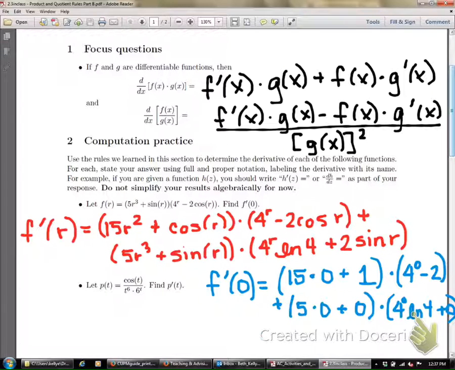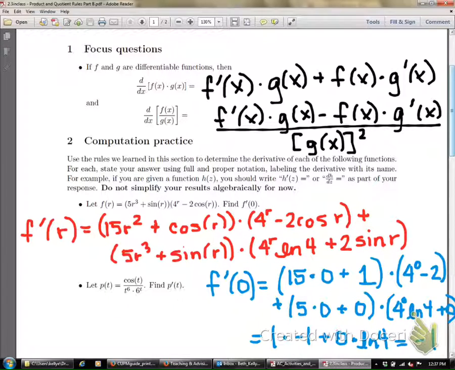After we work all of that out, we get 0 plus 1 is 1 times 2, 1 minus 2 is negative 1, plus 0 times natural log of 4. And so overall we get negative 1. So f prime of 0 is negative 1.